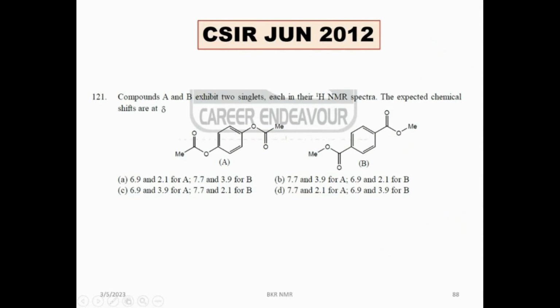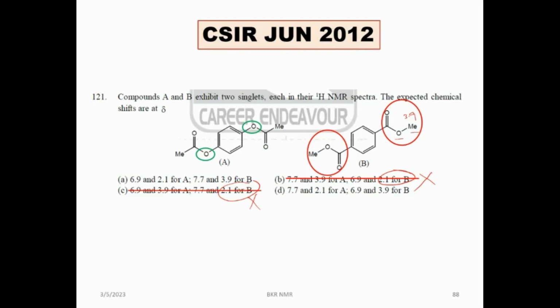How did I approach the problem? As she rightly pointed out, you have the methyl attached to oxygen, so it will be around 3.9. So if B protons are around 3.9, this is wrong. Wrong and wrong. So I can rule that out.